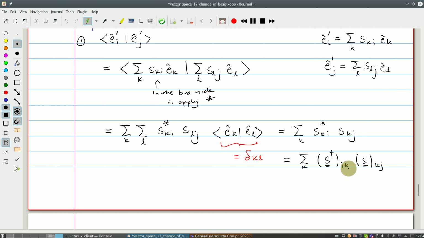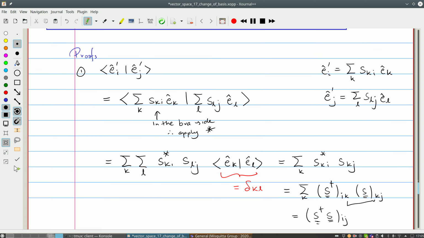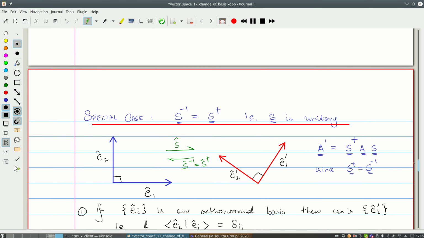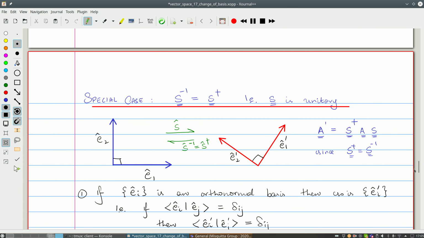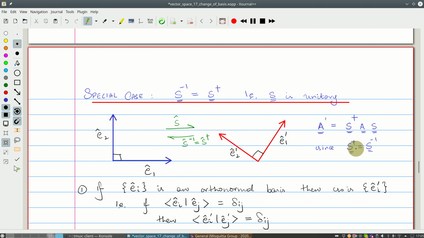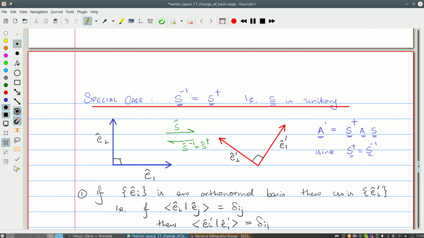And now this is exactly in the form of matrix A times matrix B. We are summing over the inner index. So this will be the ijth element of S dagger multiplied by S. But S dagger multiplied by S, since S is a unitary matrix, is going to give us the identity.